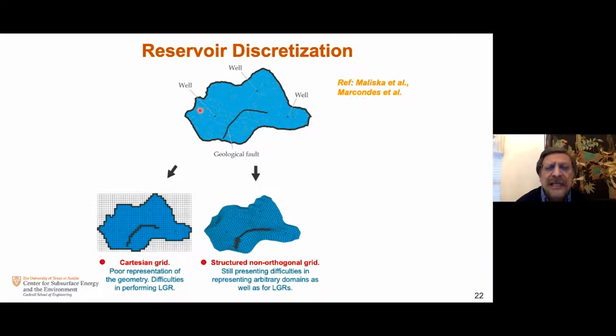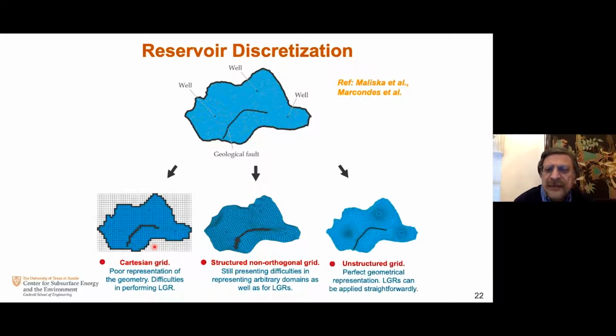So traditionally in the area of petroleum engineering, many of the simulators that have been developed have the structured but non-orthogonal grid. And as you can see there, it gives you the ability to represent the boundaries much better than the regular Cartesian grid. But still, there are difficulties when we go to a lot of refinements and doing local refinements and all that. You have to use a special procedure. So some of the more recent development has been in using the unstructured grid.